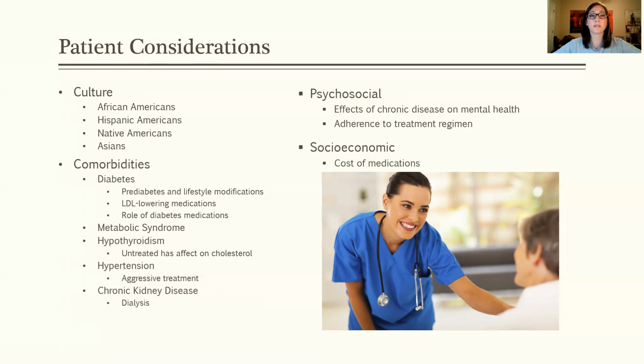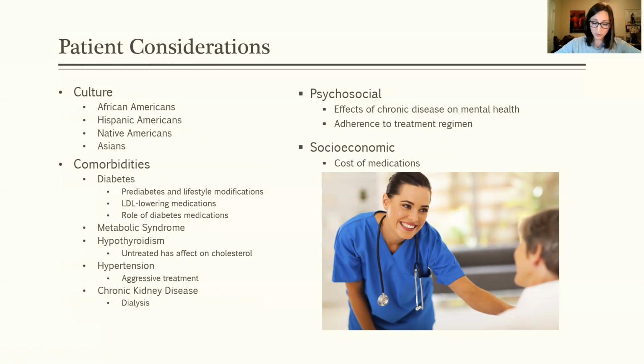And so addressing these patients very aggressively and getting them started on medications early on, and addressing their lifestyle and their diet and all of those factors can really help get on top of treating these patients for hyperlipidemia.